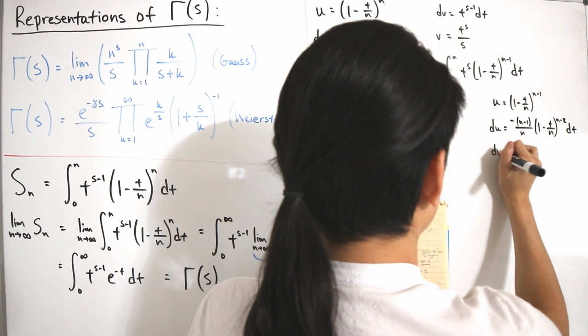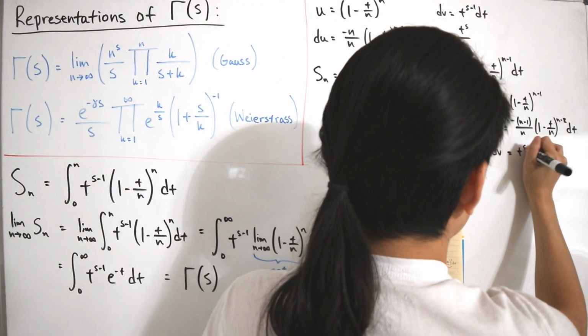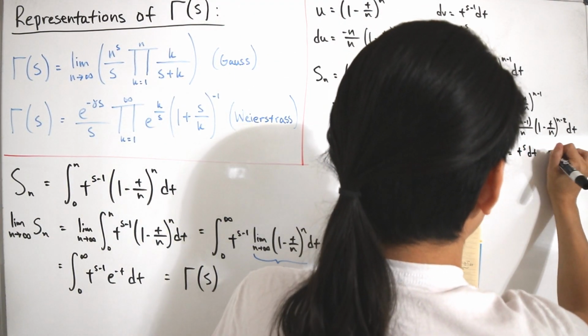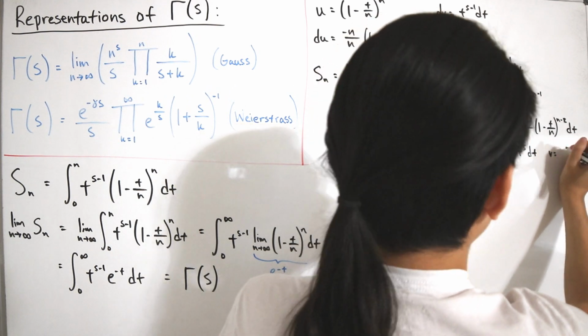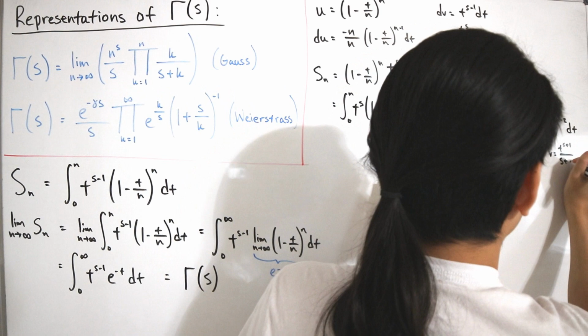We choose our dv to be t to the s dt. Then v is going to equal t to the s plus 1, divided by s plus 1.